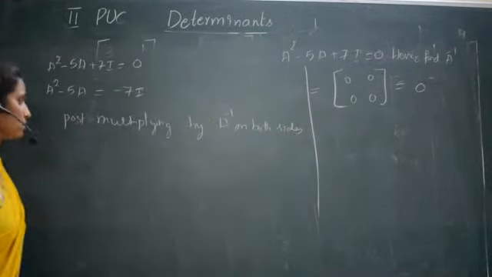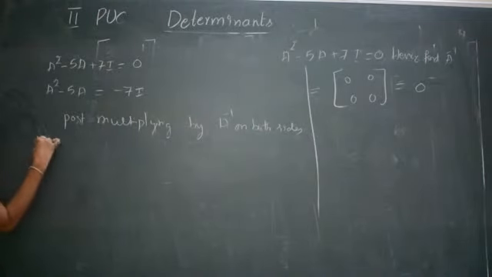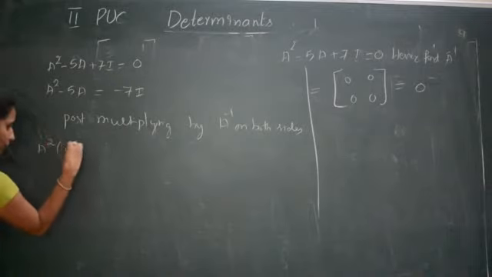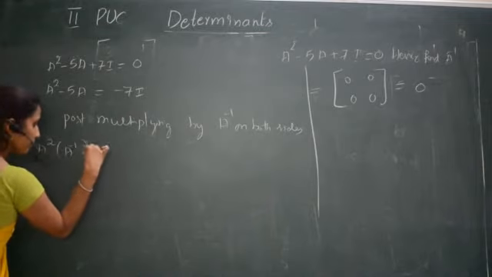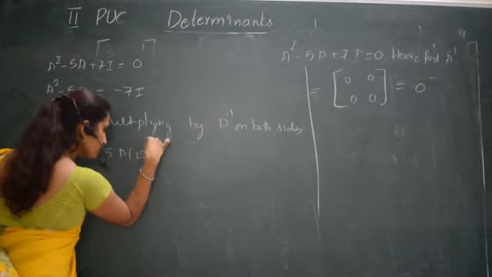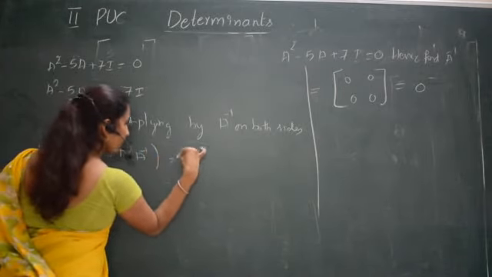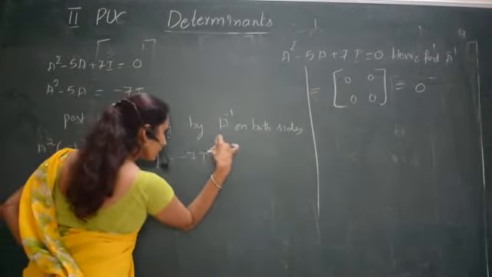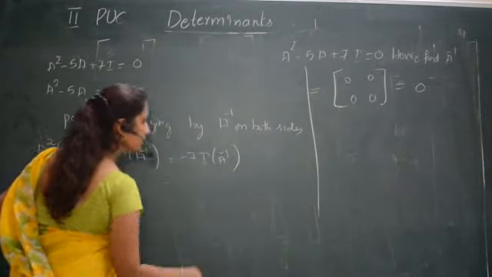Post multiplying means we multiply by A inverse on the right. So we get A square into A inverse, minus 5A into A inverse, equals minus 7I into A inverse.